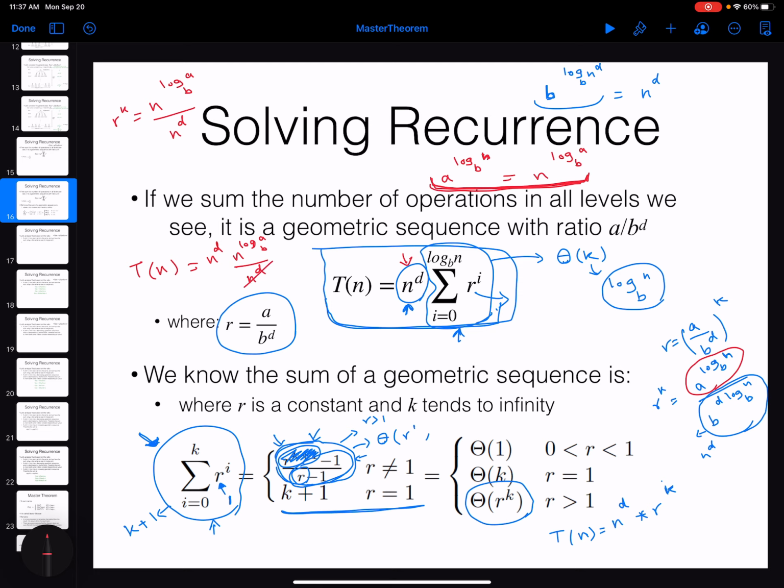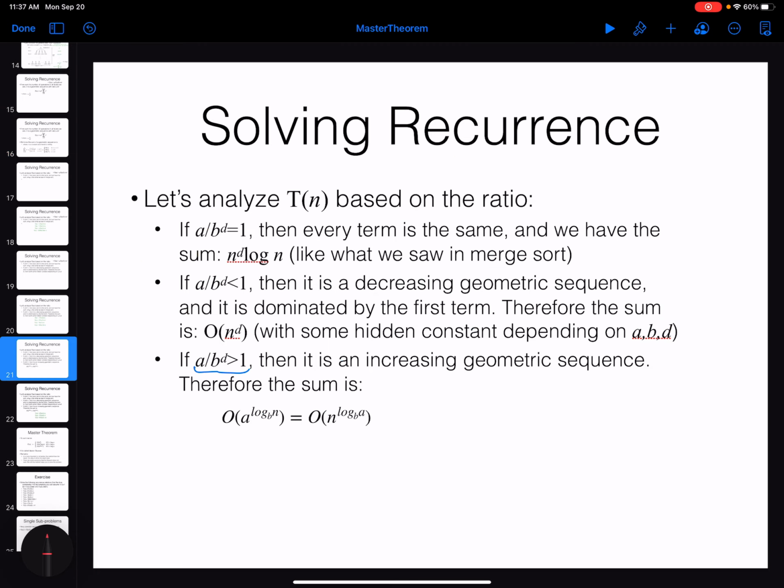So this term will be simplified. T of n will be equal to n to the log of a in base b. Okay, so this is exactly showing the last case. That tells you that T of n will be in O or theta of n to the log of a in base b.